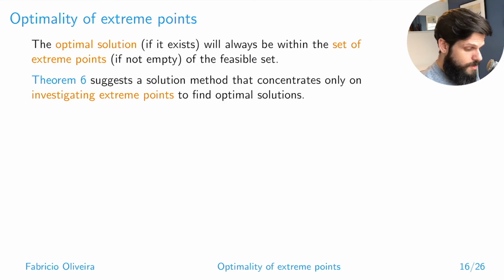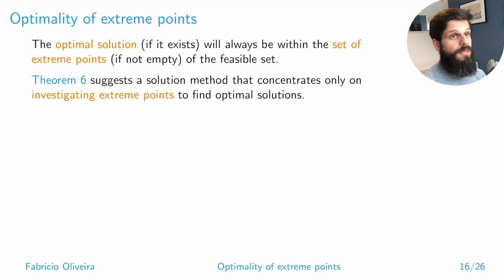We know that it might be so that we don't have any feasible solution. It might be so that your problem is unbounded. You can carry on forever in that direction. But if we have an optimal solution, it will always be within the set of extreme points of the feasible set. So that's exactly what we're going to prove with Theorem 6 that is coming next.